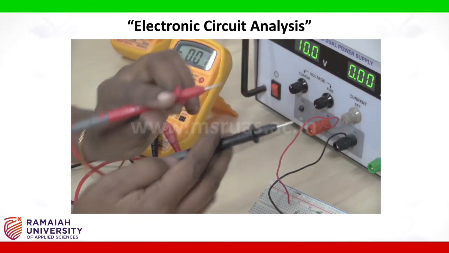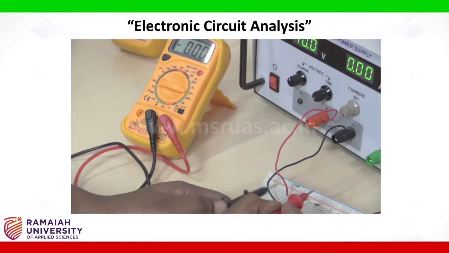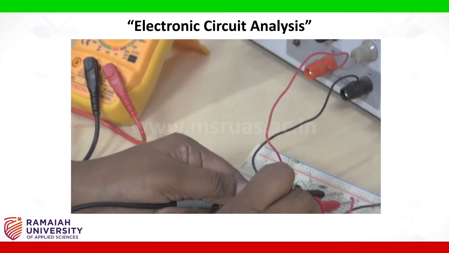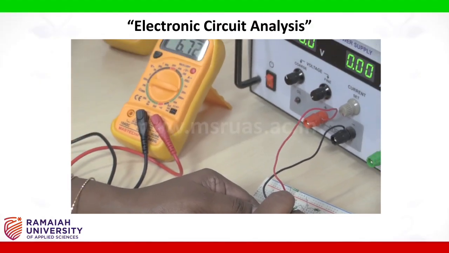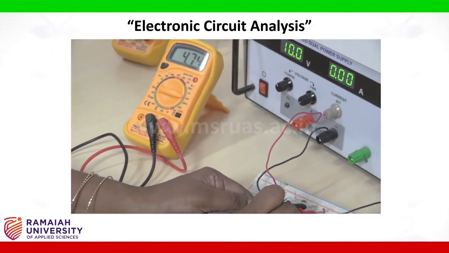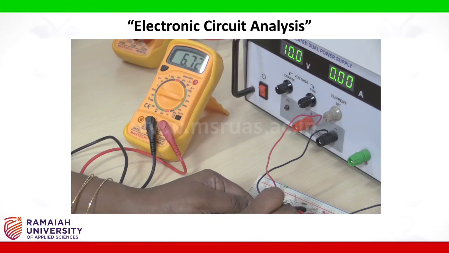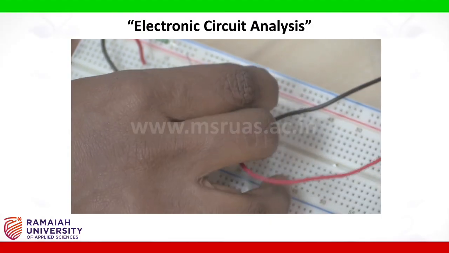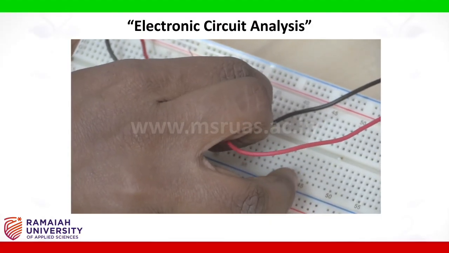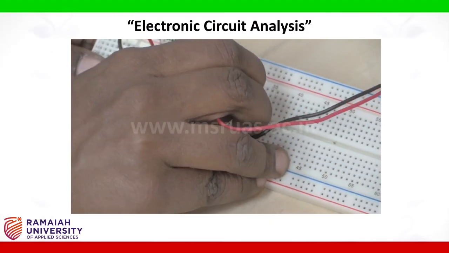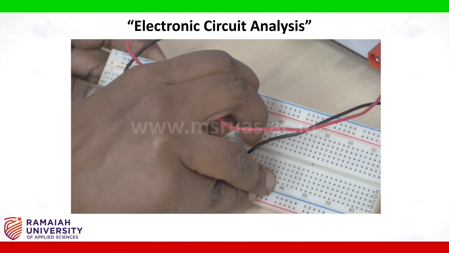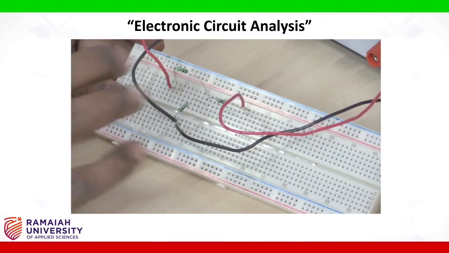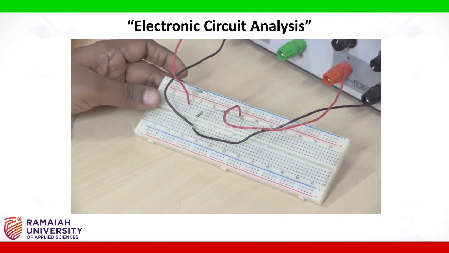If you reverse the ammeter legs, it will show 6.72 milliamps. Previously it showed negative, now it is showing positive. Put this leg back in its original position. All the three current readings, note down in a table.